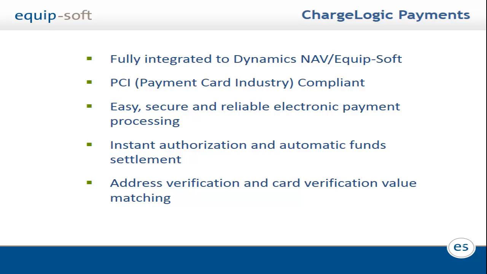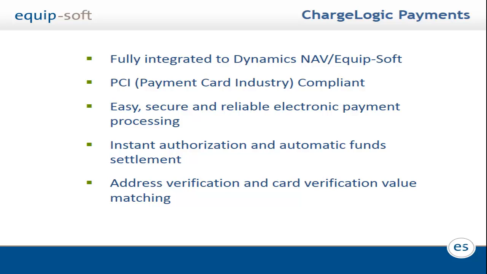Instant authorization, automatic funds settlement. Once again, the processing is done inside the software, so you're inside EquipSoft Dynamics NAV. You process the credit card information. It communicates to the merchants, the financial institution that issued the credit card, and so on, so that you have instant settlement.